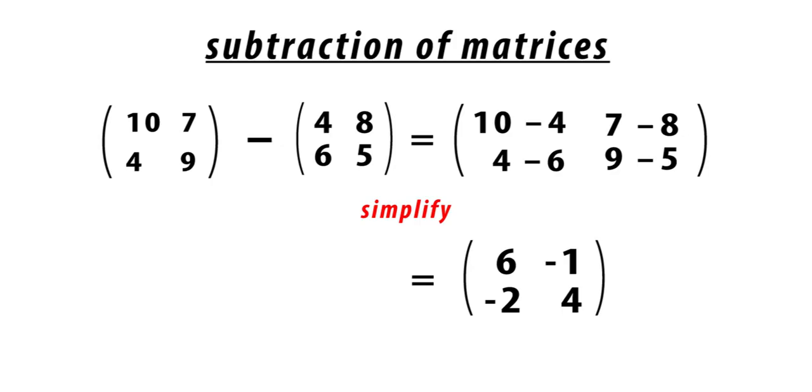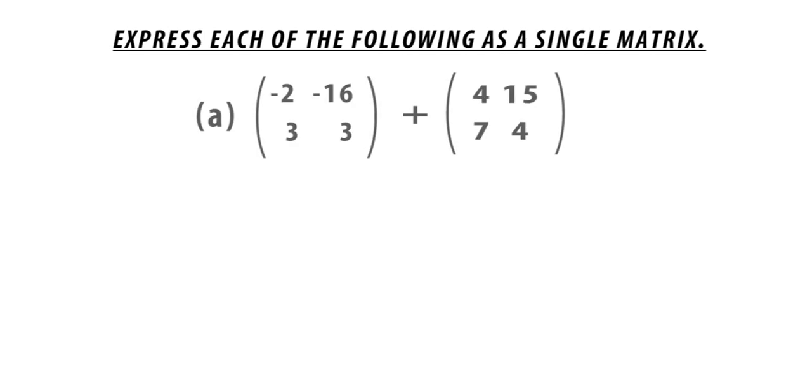Let us take some more examples. Express each of the following as a single matrix. A. The matrix negative 2, negative 16, 3, 3 plus the matrix 4, 15, 7, 4.